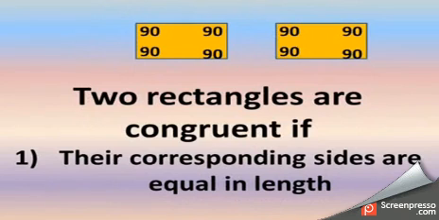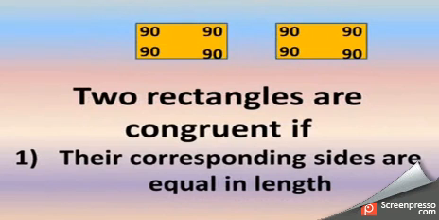What's the second condition? The corresponding angles are equal in measure. Mister, all rectangles have the same number of angles and the same measures of angles, so we have one condition in a rectangle: if their corresponding sides are equal in length, I can say these two rectangles are congruent.